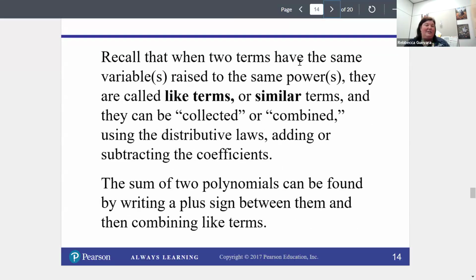Recall that when two terms have the same variable raised to the same power, they are called like terms or similar terms. And they can be collected or combined using distributive laws by adding and subtracting the coefficients. The sum of two polynomials can be found by writing a plus sign between two polynomials or a subtraction sign between two polynomials, and then we just want to combine like terms.